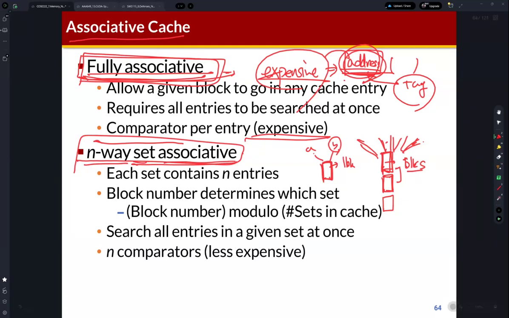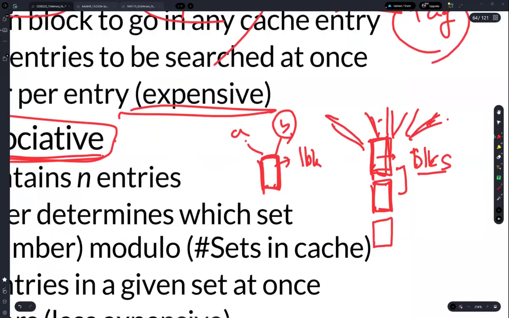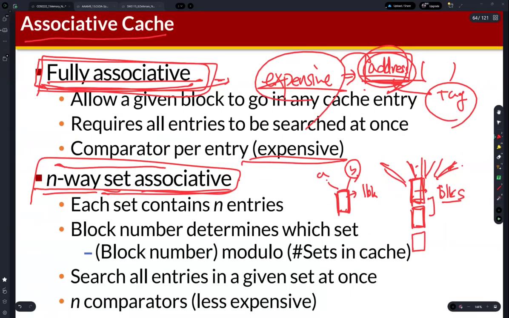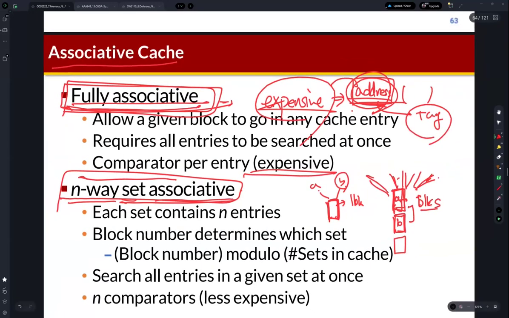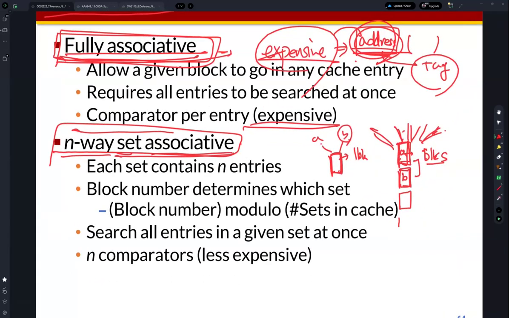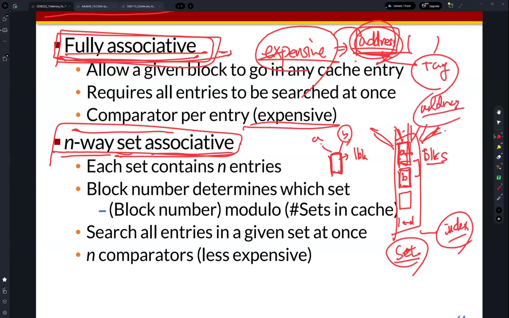In this case, if two data items are mapped to the same set, then we can store A here and B here. So what does it mean? We can define different cache configurations. This is called the set. In a single cache set there are multiple blocks, and the set index is determined by part of the address.